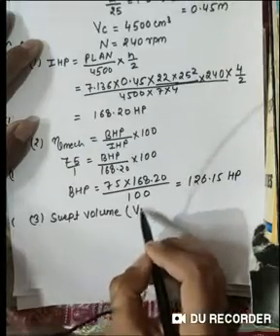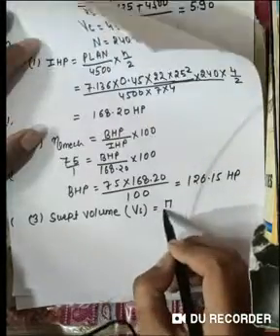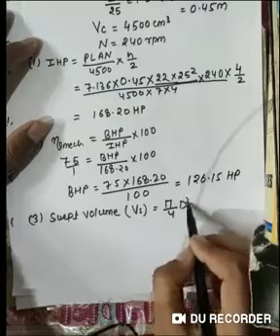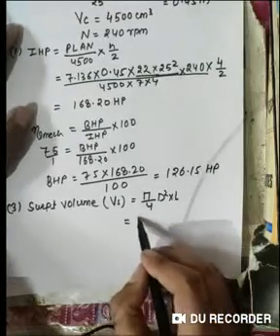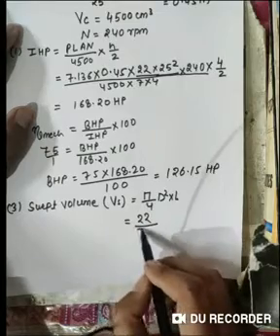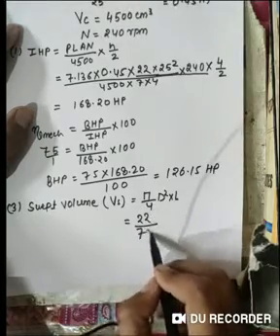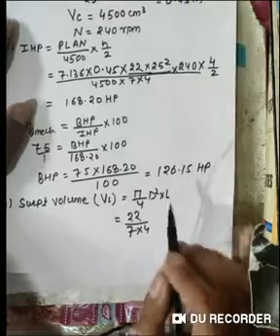Swept volume Vs is equal to pi by 4 d square into L. So value of pi is 22 by 7 and 4 in denominator, so we multiply it by 4.